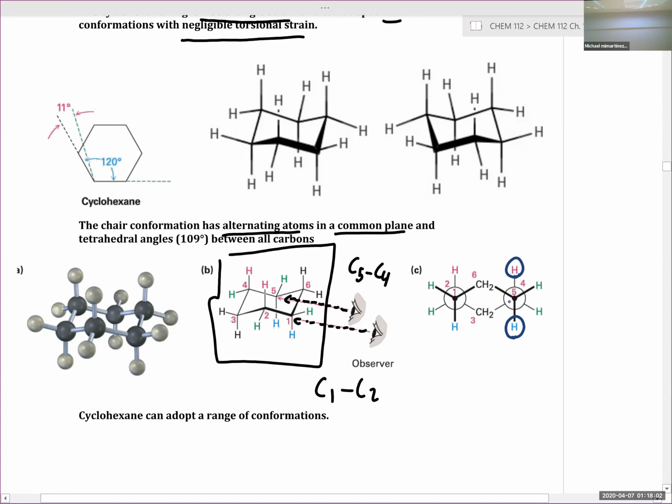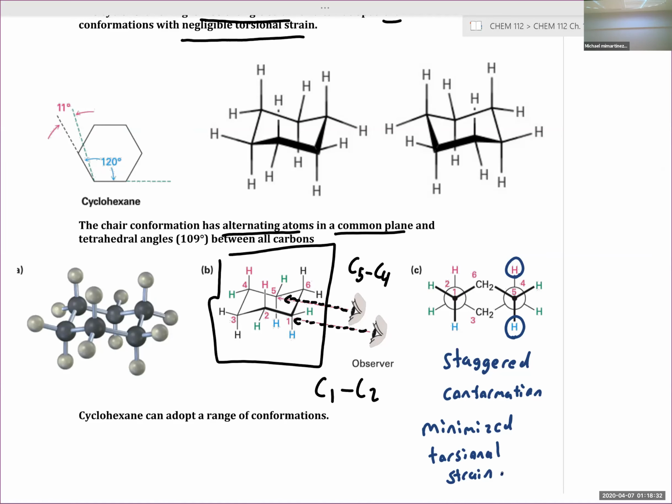You're welcome to chat during this time. Yep, I see a lot of staggered. That's exactly right. So we're in the staggered conformation, and as a result, we have minimized our torsional strain. This is partly why the chair conformation is so low in energy.